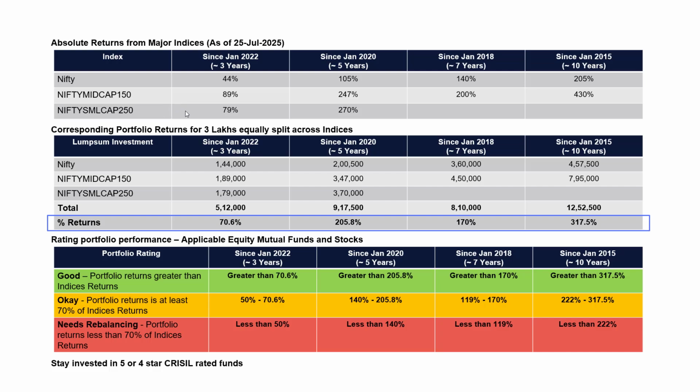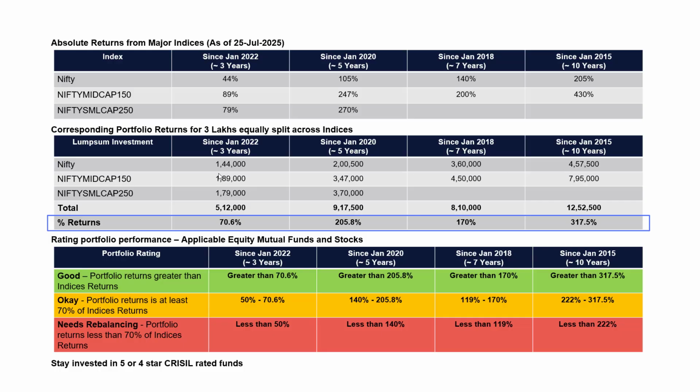against the performance of these broad-based indices. The second table that we are seeing shows the return if 3 lakhs is equally split across these three indices. So 1 lakh would have been invested in each of these three indices. 1 lakh in 3 years would have grown by 44%, which is 1 lakh 44,000. 1 lakh invested in Midcap 150 would have grown by 89%, which becomes 1 lakh 89,000, and so forth.